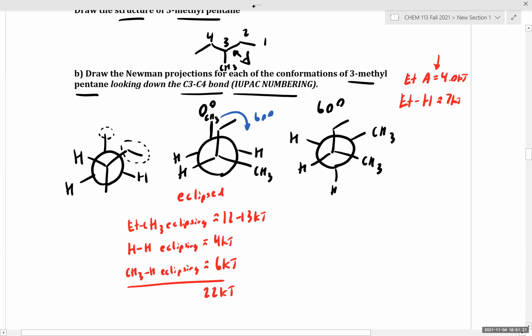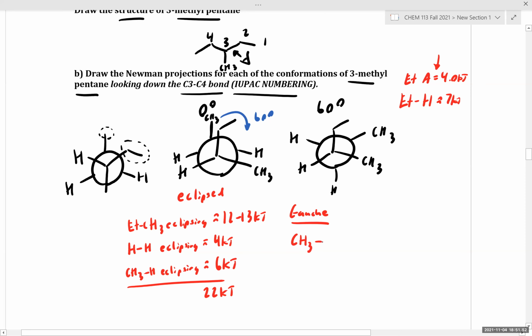We don't have any torsional interactions, but we do have some other interactions. What do we call these? You said gauche because it's a 60-degree dihedral, right? Yep, so we have gauche interactions between multiple substituents. These are steric interactions by their very nature. So what interactions do we have?